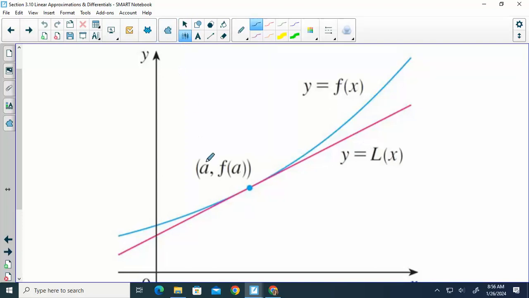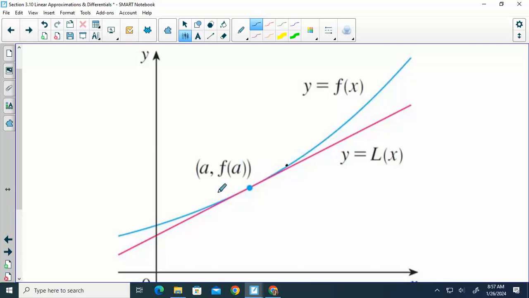Well, if you have a point on this curve and you want to approximate it, so maybe you couldn't find it exactly. Now I realize we have calculators, so that's not really an issue, but there are some really nasty functions where that is not an option, and so you need an easier way to approximate it. If we need a simplified version, the equation of a line is not complex at all.